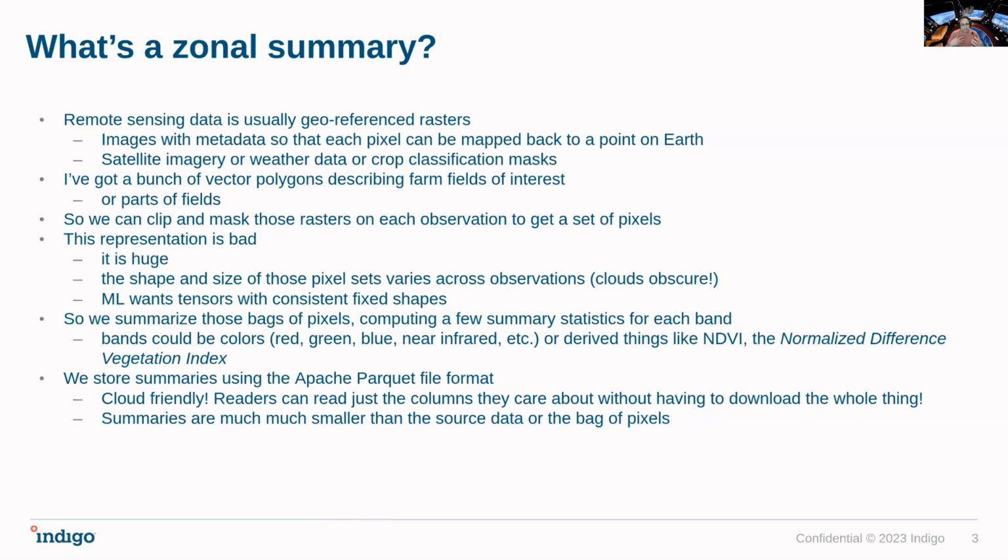And then we store that tabular data set in Apache Parquet, which is a columnar file format. It works really well with the cloud, so you can extract just the bits you need without necessarily having to download a giant thing. And the end result is that summaries end up being dramatically smaller than the raw imagery and even than the bag of pixels representation.